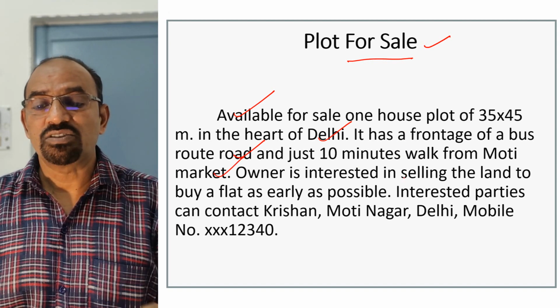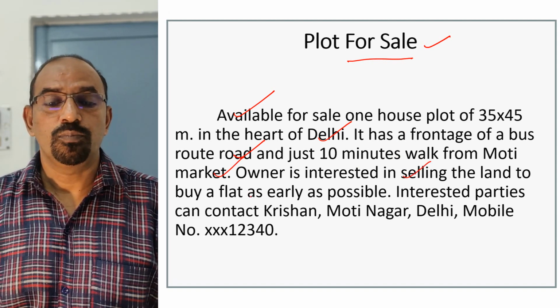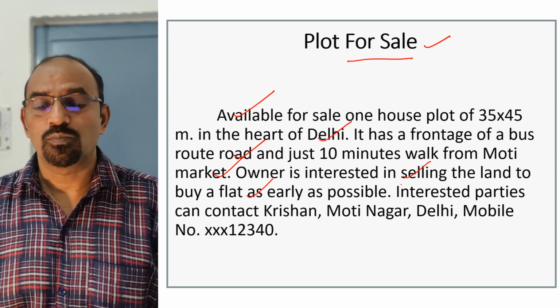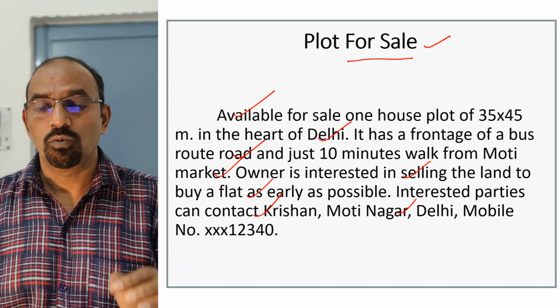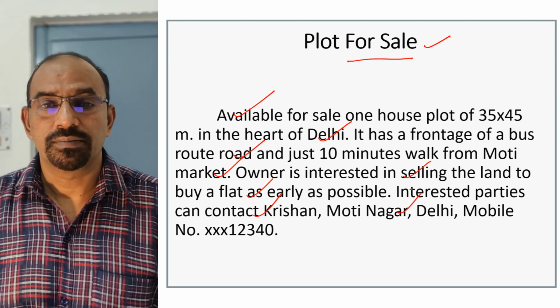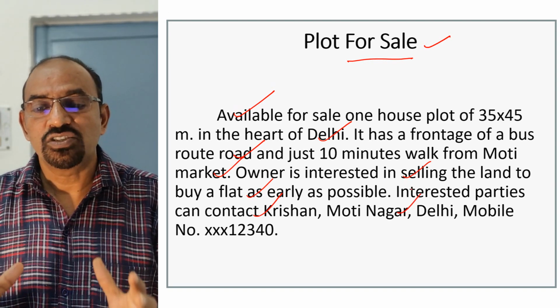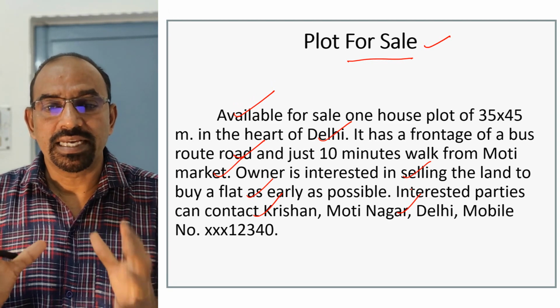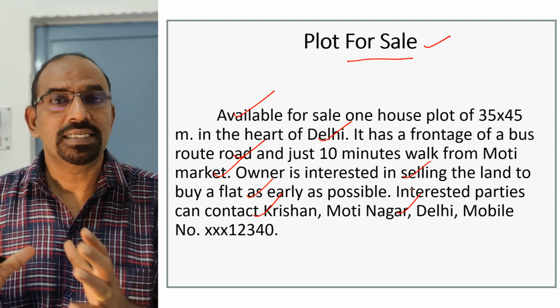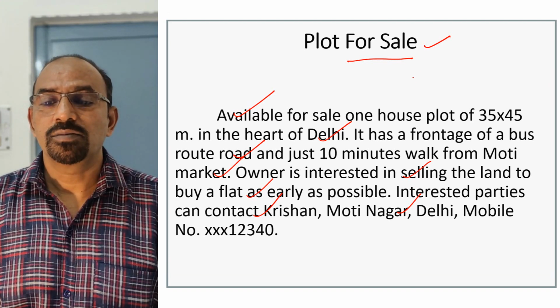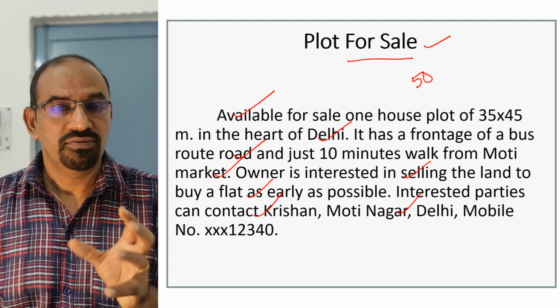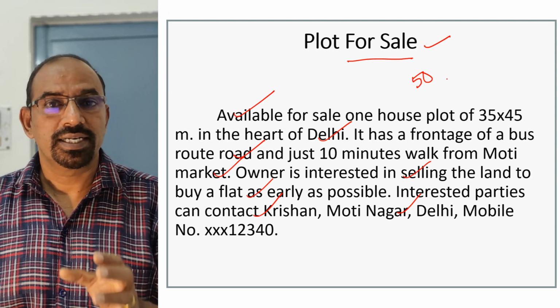Owner is interested in selling the land to buy a flat as early as possible. Interested parties can contact Krishnan, Motinagar, Delhi, mobile number. So all the essential details are given in this classified advertisement in minimum words. The maximum word limit is 50. You should remember that in mind.